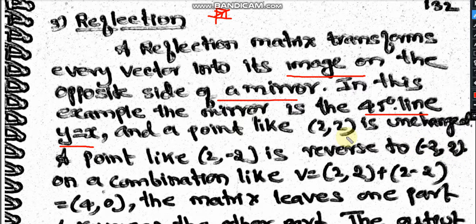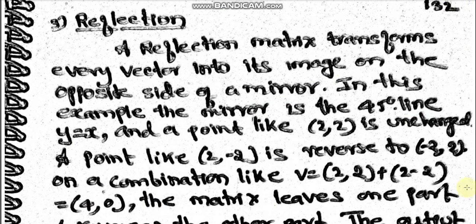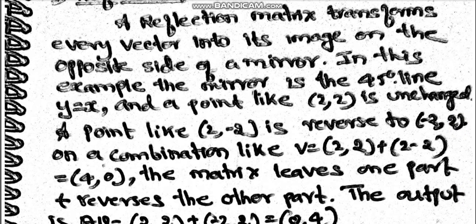So 2 and 2 will be unchanged, whereas a point like 2 and minus 2 is reversed to minus 2 and 2. On a combination, if I have 2 plus 2 and 2 minus 2, it becomes 4 comma 0. The matrix leaves one part. So if I am looking through a mirror, what happens to 2 comma 2?